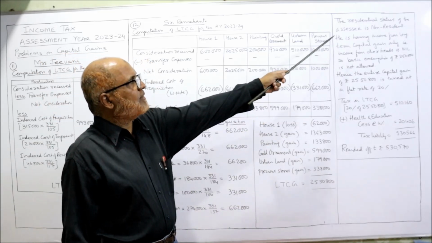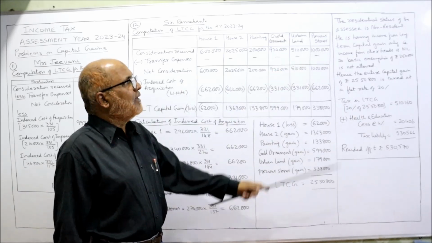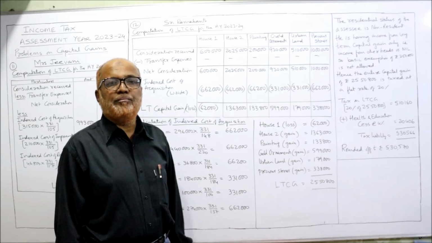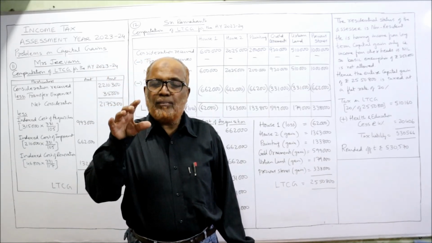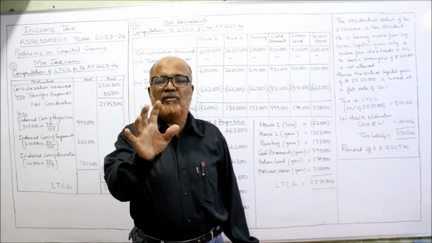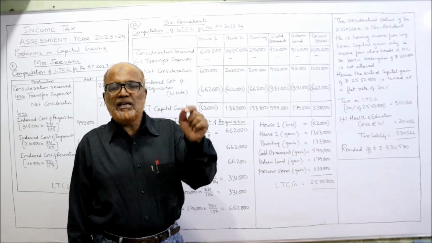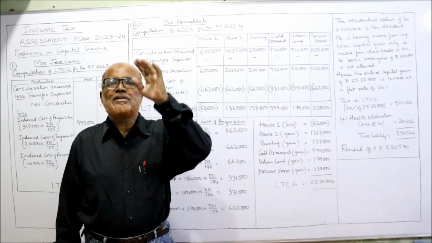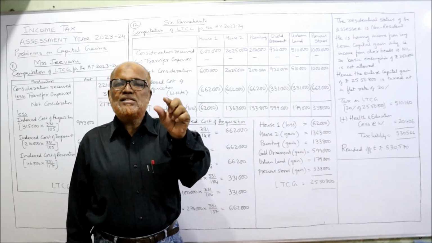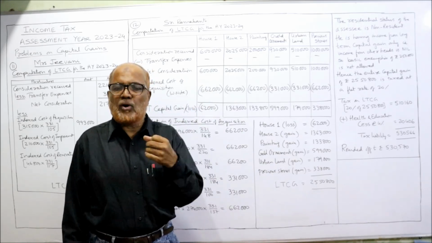The residential status of the assessee is non-resident, and he has income from long-term capital gain only, that is, income from other heads is nil. If he has income from other heads, then the 2,50,000 basic exemption will be given for all assessees, whether non-senior, senior or super senior. If he is a non-resident, the basic exemption is fixed at 2,50,000 for all.